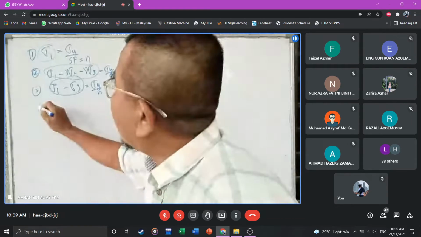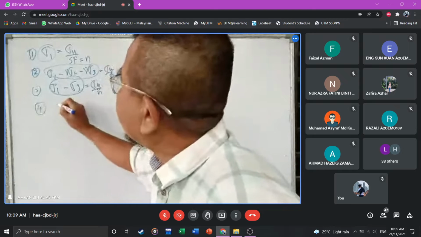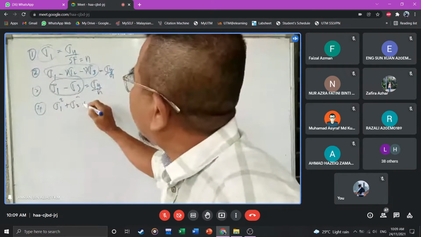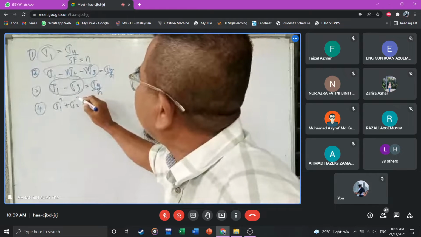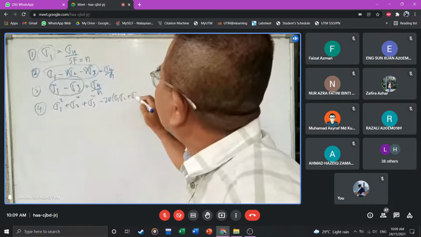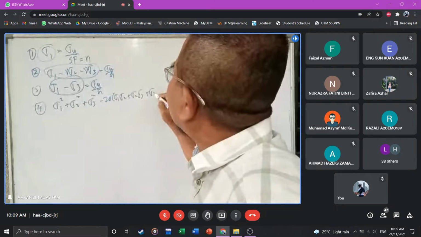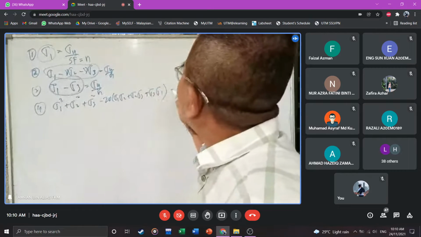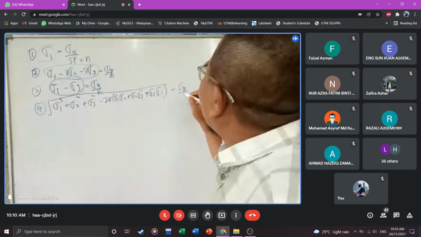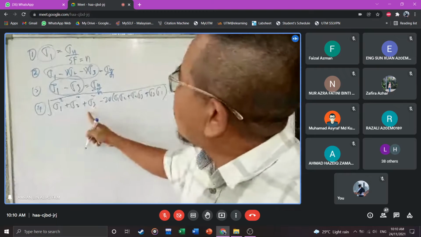And then number 4 is the energy theory. Sigma 1 squared plus sigma 2 squared plus sigma 3 squared, minus 2 mu times sigma 1 sigma 2 plus sigma 2 sigma 3 plus sigma 3 sigma 1. The whole thing, take the square root and compare to sigma y over n. So what is this one called?